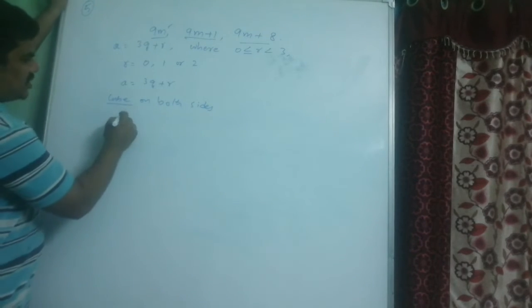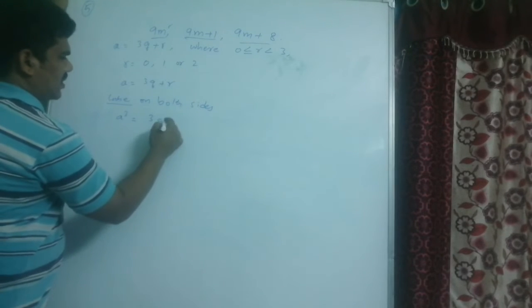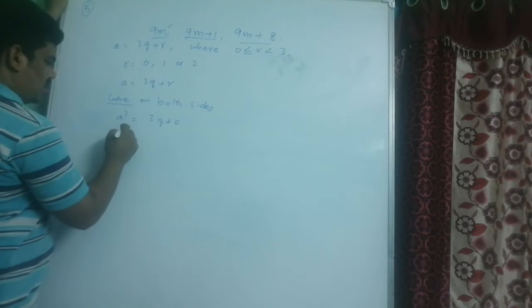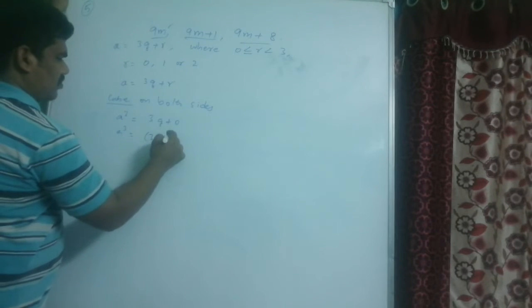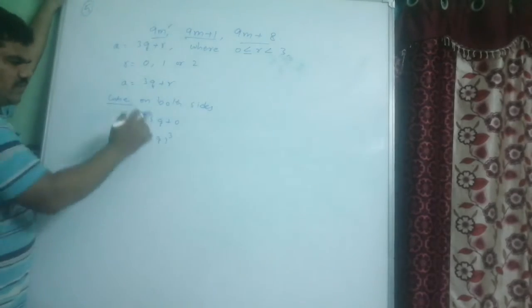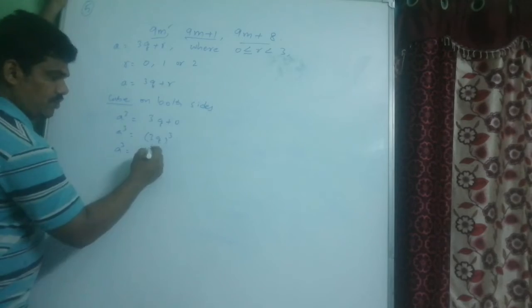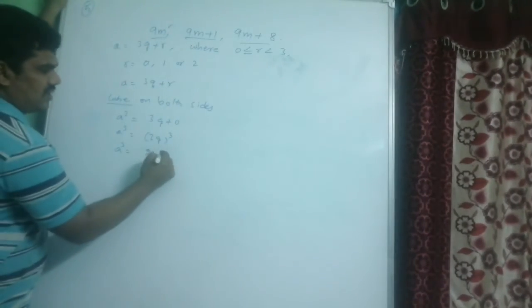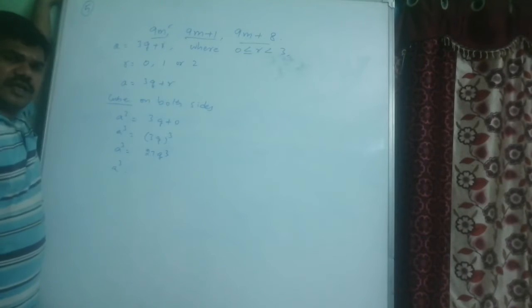So cube on both sides, a cube equal to 3q cube, r value 0 first. Okay, so a cube equal to 3q cube whole square, 3 cube 27 q cube. So we have to find 9m, right?